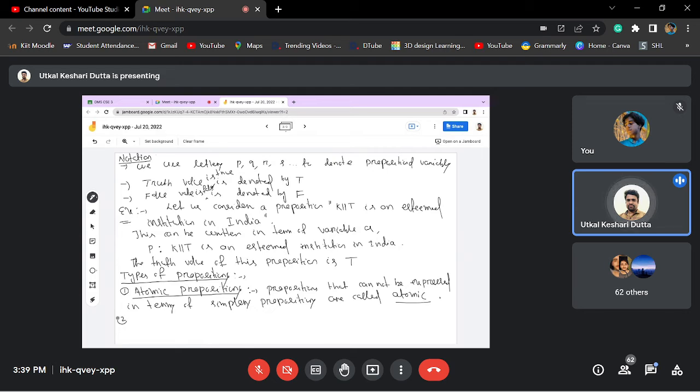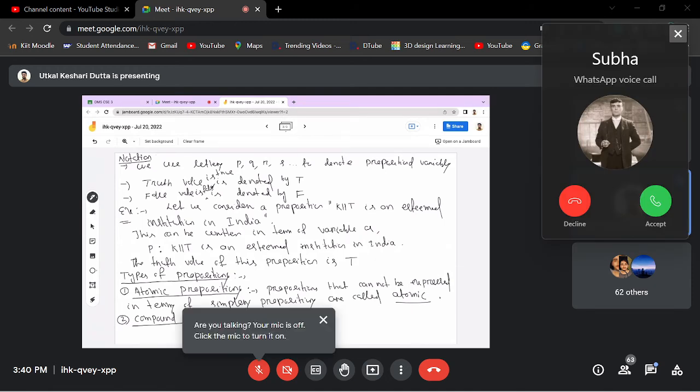Then another type is compound proposition, or composite proposition. Can anyone say what a compound proposition is? You can get an idea from atomic proposition.